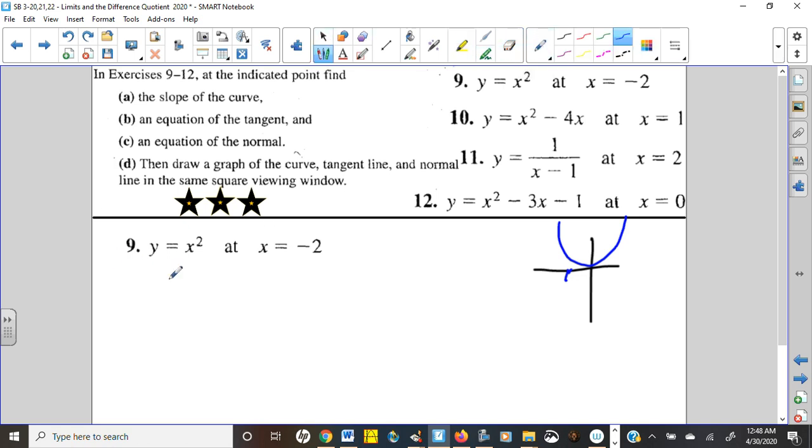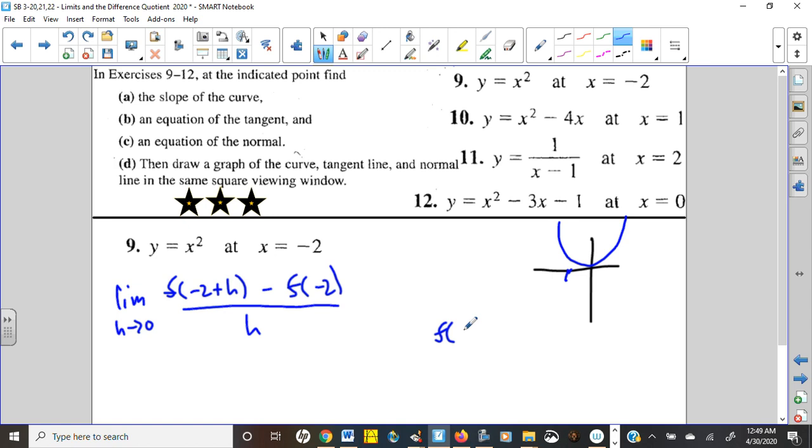Here we go. The limit as h goes to 0 of f of -2 plus h minus f of -2, divided by h. Now notice that I'm going to need to find f of -2 plus h.